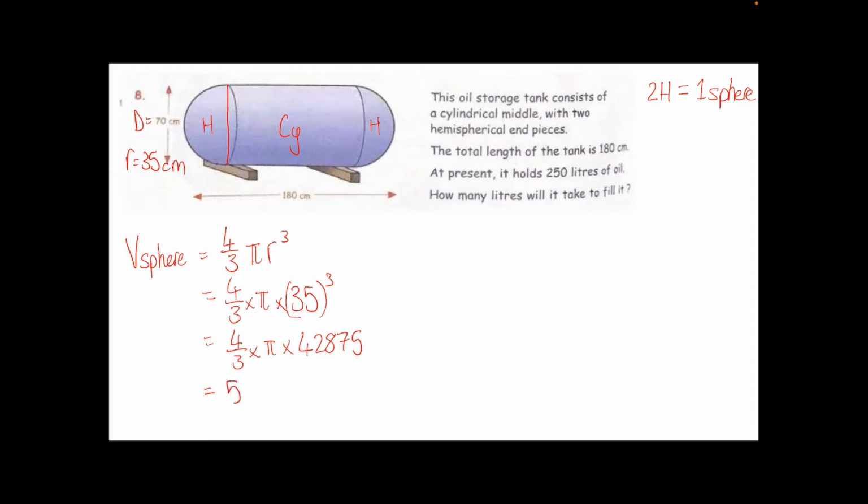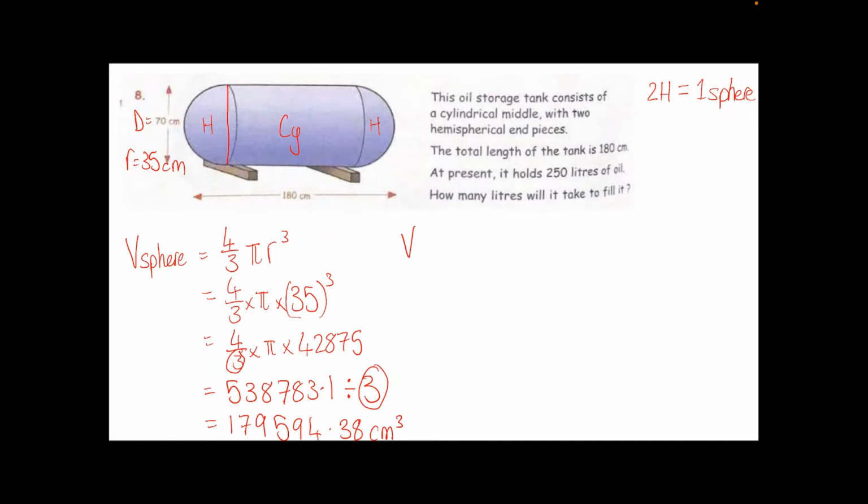So that is giving me 538,783.1, and we're going to divide that still by 3 because it's our third. So I'm going to divide by 3, and that gives me 179,594.38. It is centimetres, so it's centimetres cubed.